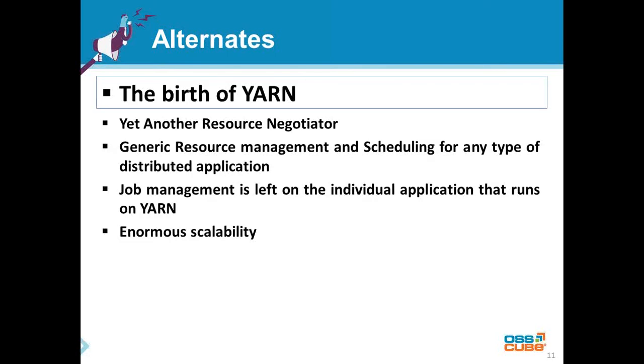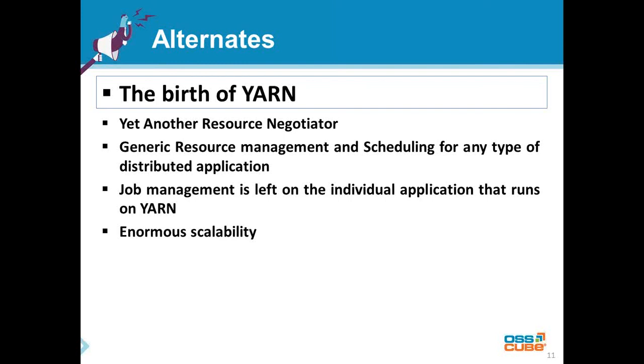It will let MapReduce just do its job execution and job monitoring. Whereas the cluster resources, such as allocating the resources on each of the machines, are handled by the Yarn framework.